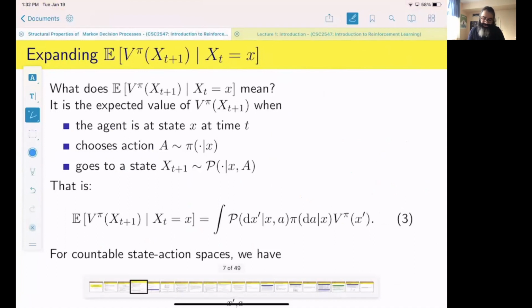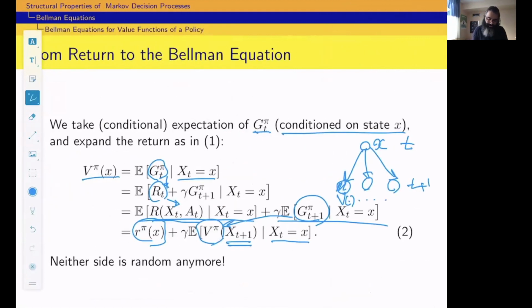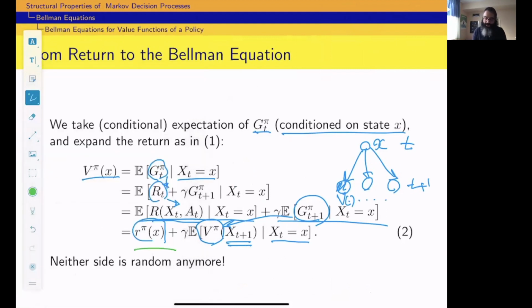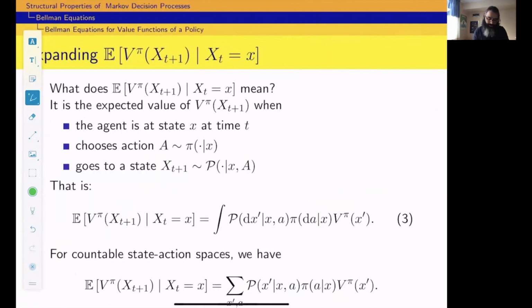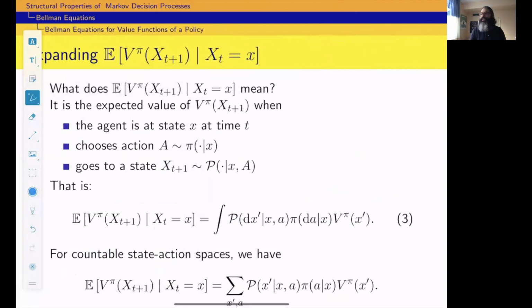Okay, so let's expand. This term is clear, we know what it is. This term we need to focus on more. What is the expectation of the value function at X_{t+1}, conditioned on X_t being x? So what does that expectation mean?